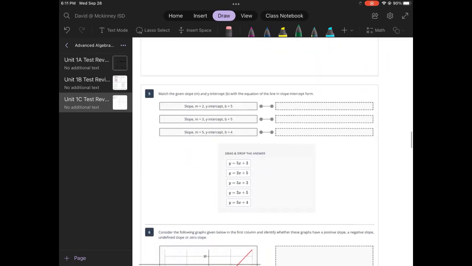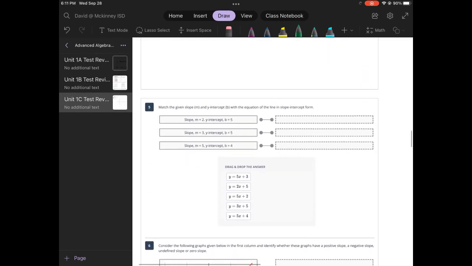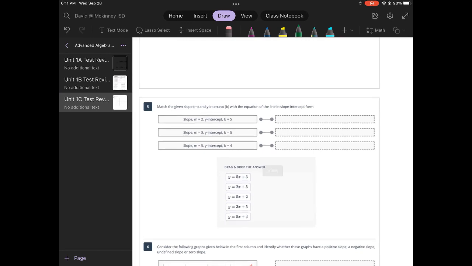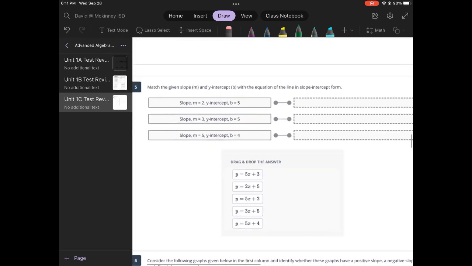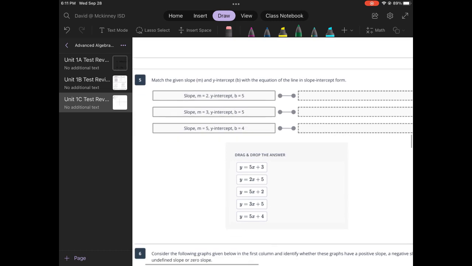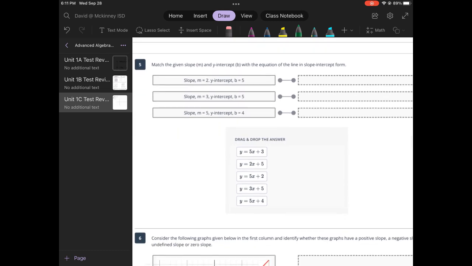Question 5 on the review asks me to match the given slope, which is an m value, and y-intercept, which is a b value, with the equation of the line in slope-intercept form. What I need to understand here is that slope-intercept form is y = mx + b.